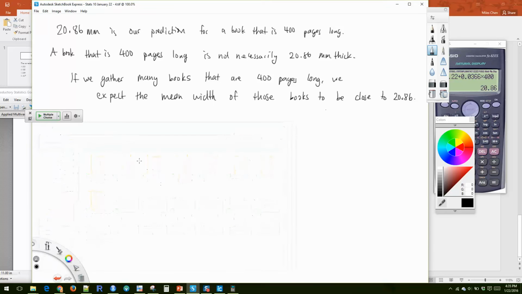So our trend line, also known as our regression line, is sometimes called the mean line, because it shows the expected mean that we would have based on the data.